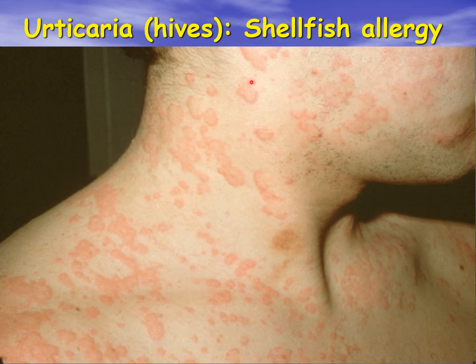So what we can see is, again, the inflammatory response found in these areas where we see histamine being released. And this typically will be a systemic response. So while this was a shellfish allergy, so the exposure was through the GI system, the clinical signs were seen all over the body in the skin.